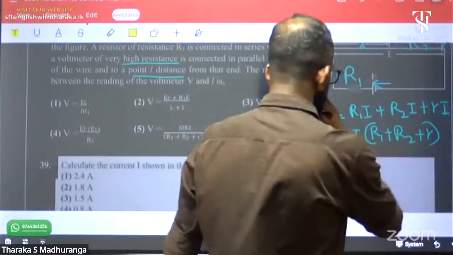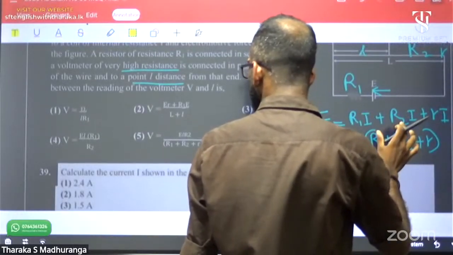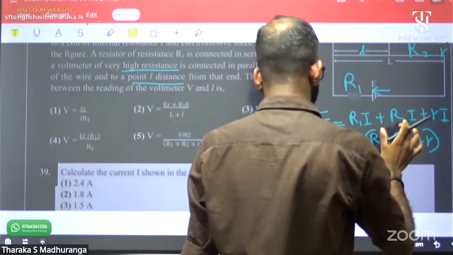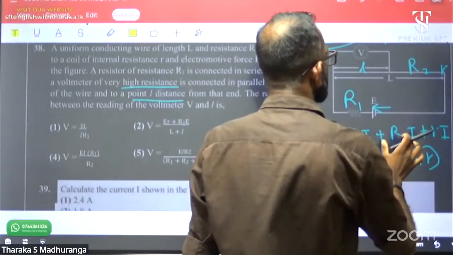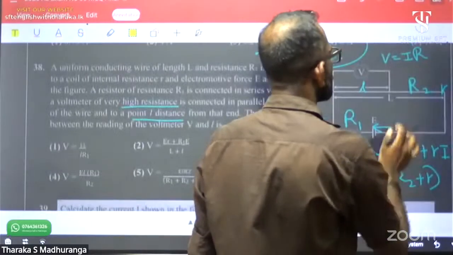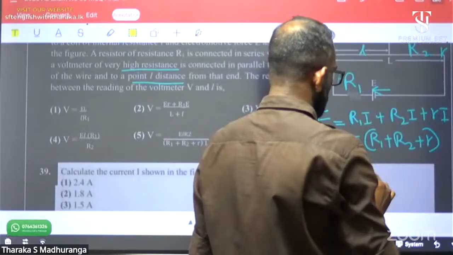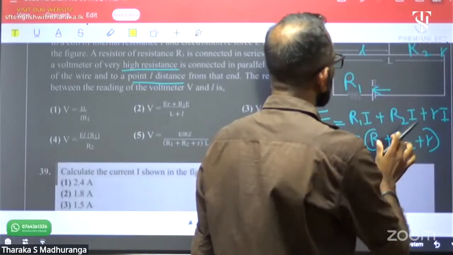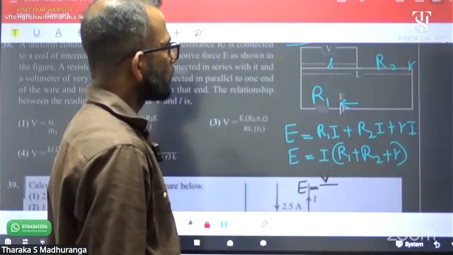I equal V over R, no? V over R. Voltage divided by R.